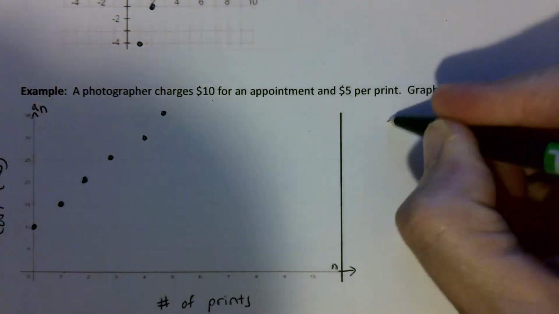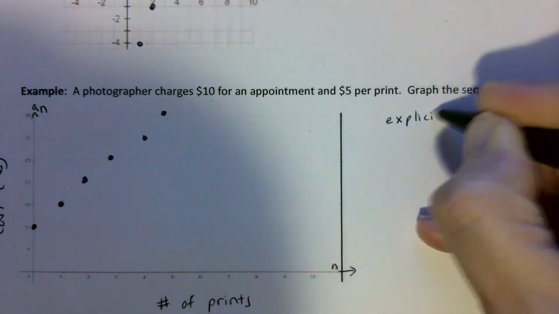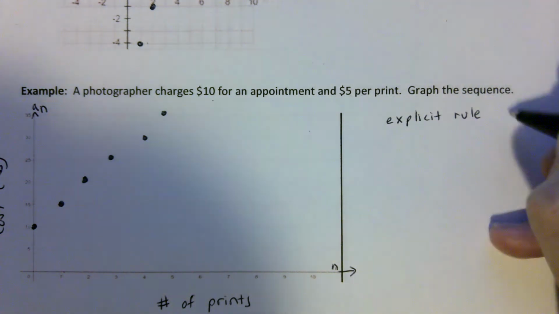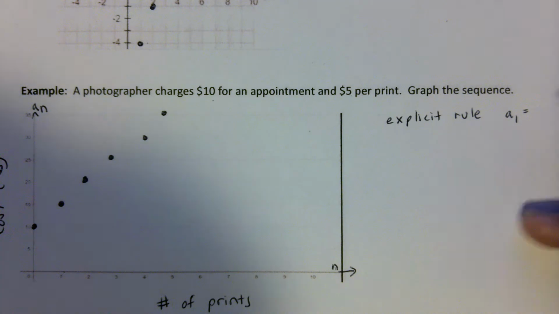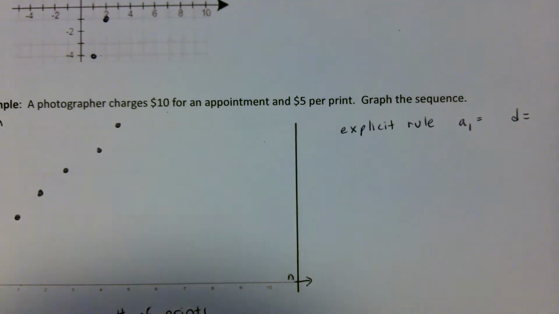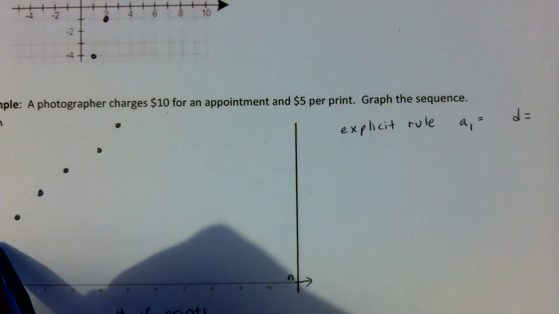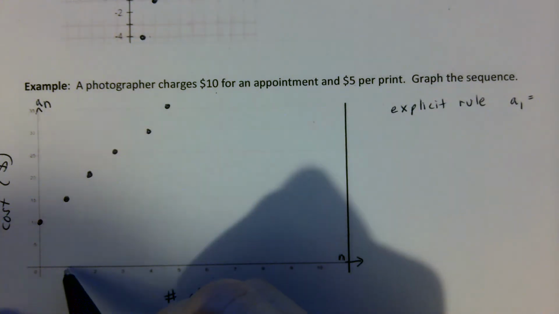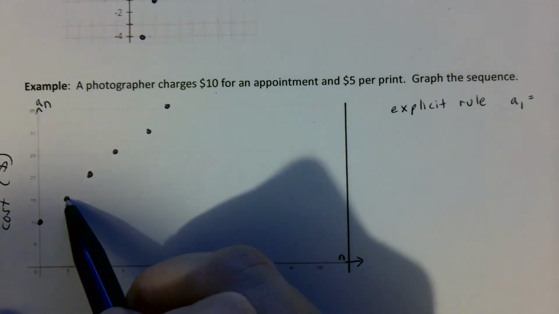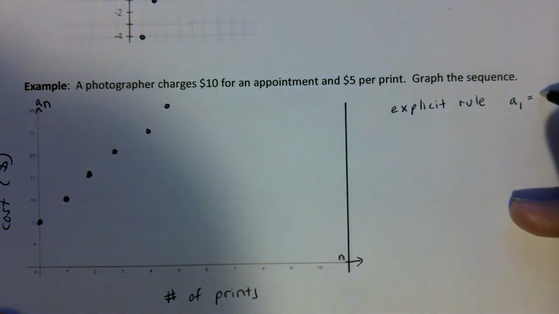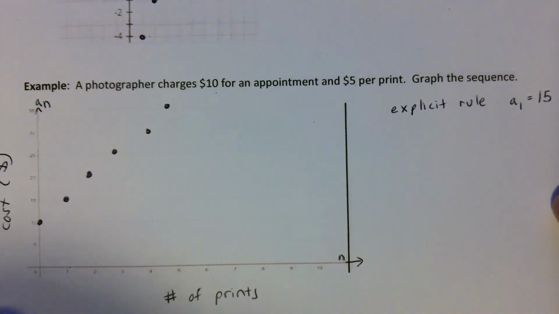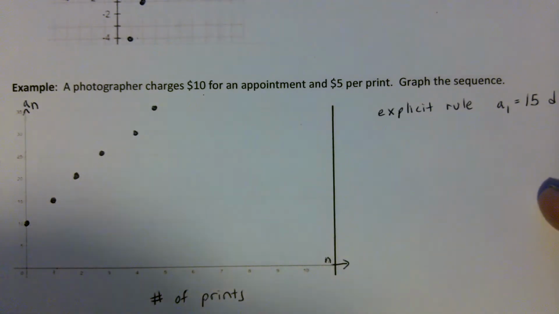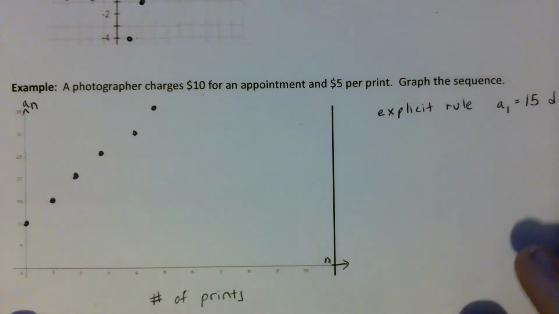If I ask you to write an explicit rule for this, remember we need our first term and our common difference. Our first term is not our initial one. Our first term is how much it was when we purchased one print, so that would be 15. And our common difference is going to be the $5 per print.